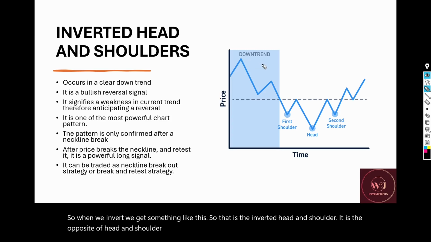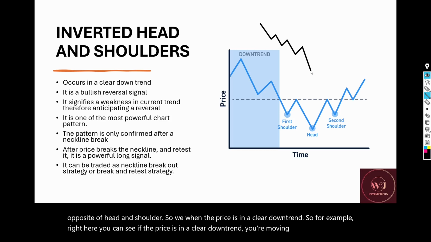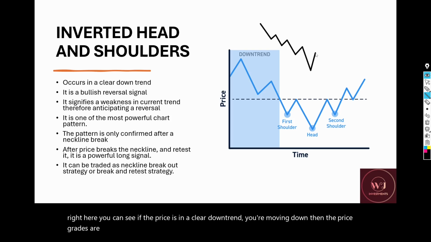So when the price is in a clear downtrend, so for example right here you can see the price is in a clear downtrend, moving down, then the price creates a long-term wave, and then it falls to go lower than that. So here we create this pattern, you can see.